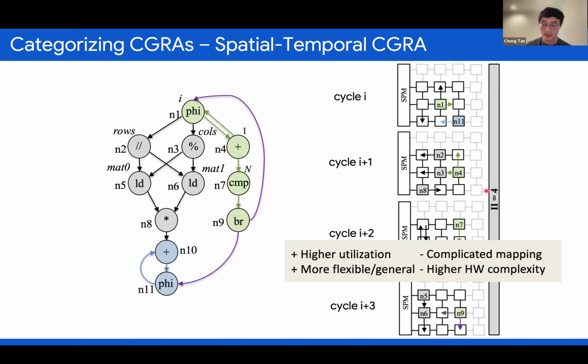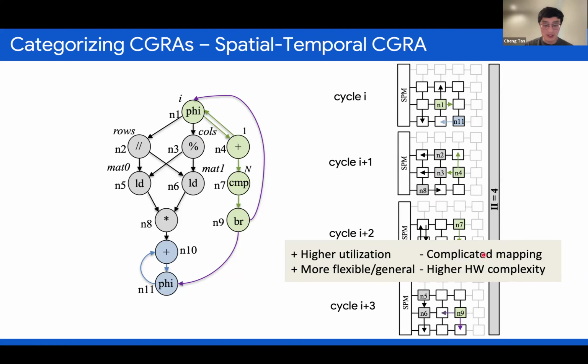Because you have another domain to map your compute operations. And the architecture is a little more complex because each cycle you can change your operation. So like this tile in cycle 0, you execute N1, which is operation 5 in the LLVM IR, and the next cycle, it runs this modulo, N3.